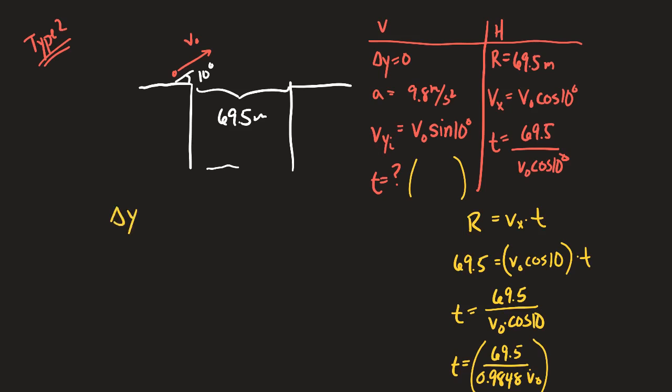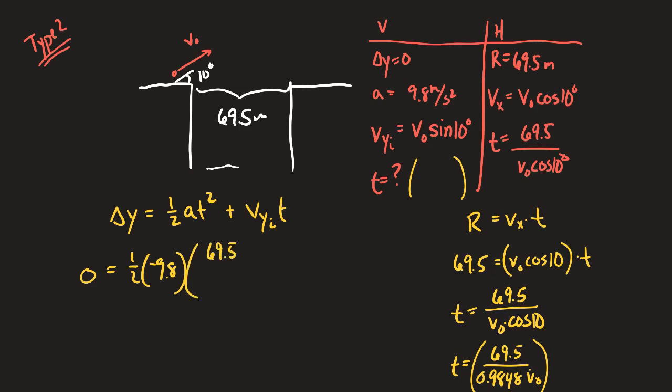Delta Y equals 1/2 a T squared plus Vy initial times T. As I keep saying, you're trying to solve for time on one side and plug it into the other. Why didn't you? 0 equals 1/2 times negative 9.8 times 69.5 over 0.9848 V naught, squared, plus V naught sine 10.